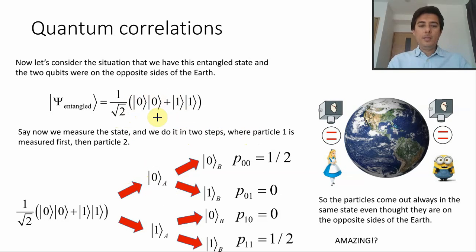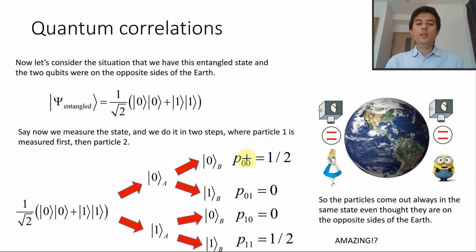The only outcomes when Alice and Bob make their measurements, for this case, are when Alice gets 0 and Bob gets 0, and when Alice gets 1 and Bob gets 1. And each of those happens with probability half, because if you square the amplitude, that's equal to half.